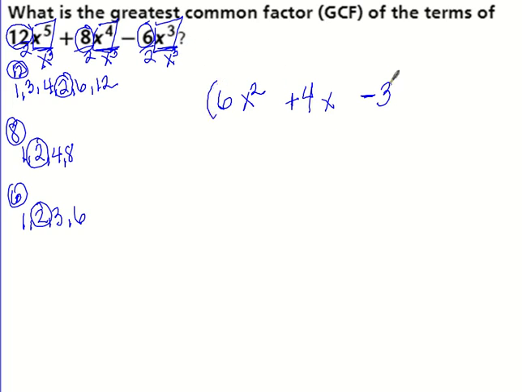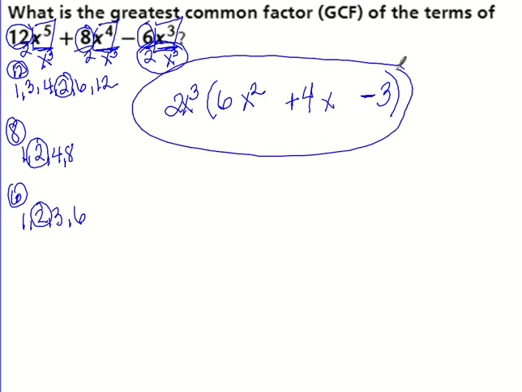So here is what we have left after we divide, but what we're going to do is take what we divided by and put it on the outside. And if you notice, it now looks like our problems from 7.3. So that's why it's the opposite of what we were doing for 7.3.